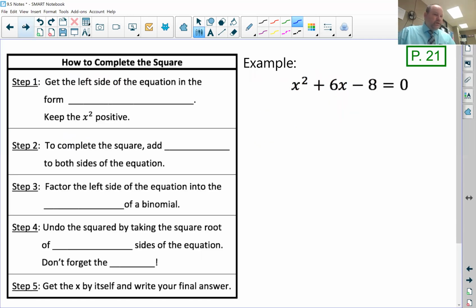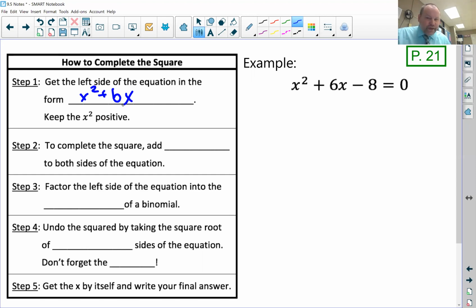All right. So to use this method for solving an equation, we want to get the left side in the form x squared plus bx. And we want the x squared to be positive.